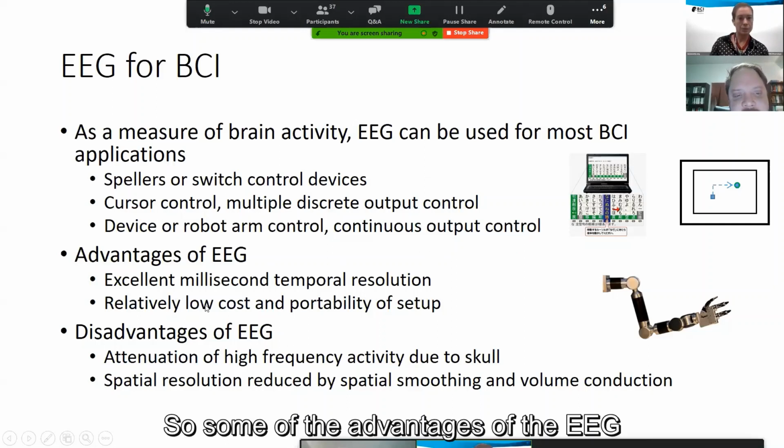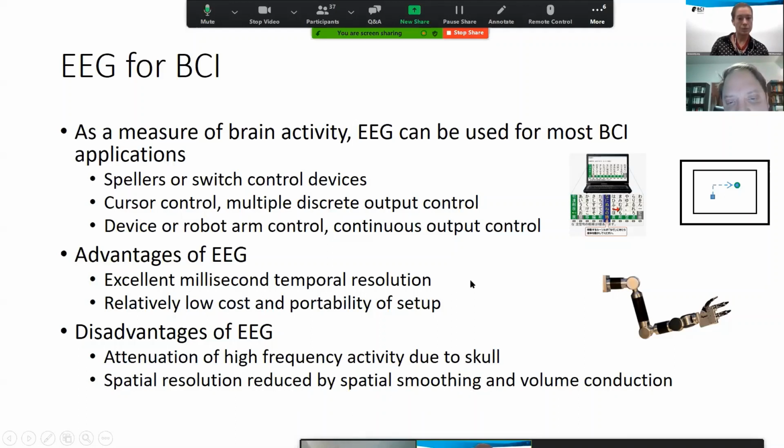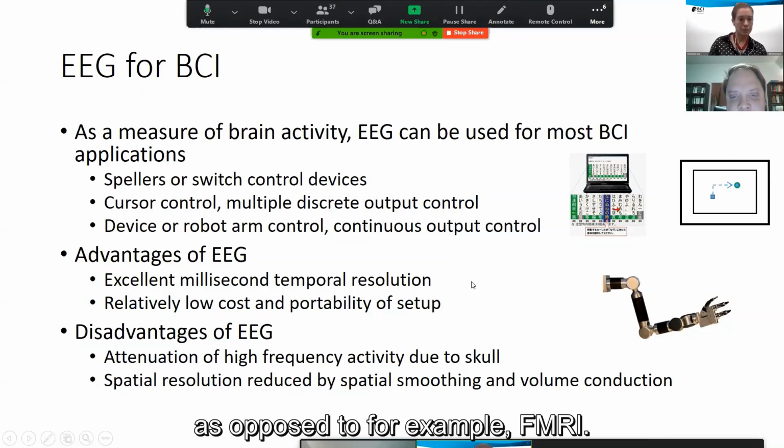So some of the advantages of EEG are that it has very high temporal resolution, as opposed to, for example, fMRI.